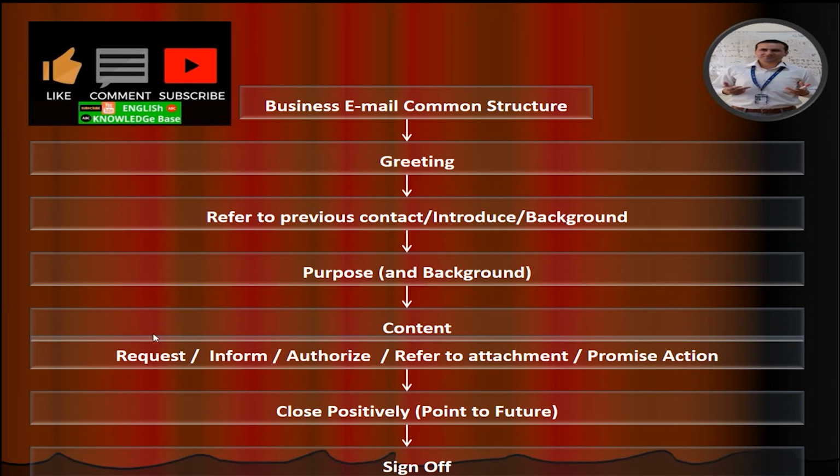The main content can be a request, informing someone, or authorizing someone, or we can refer to attachments. And finally, we can have a promised action. And then we close positively or point to the future. And finally, we sign off the email.